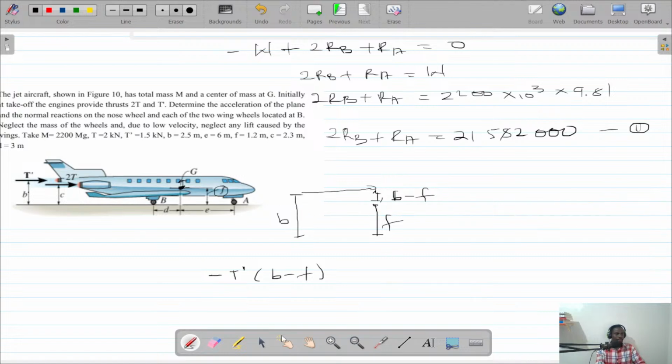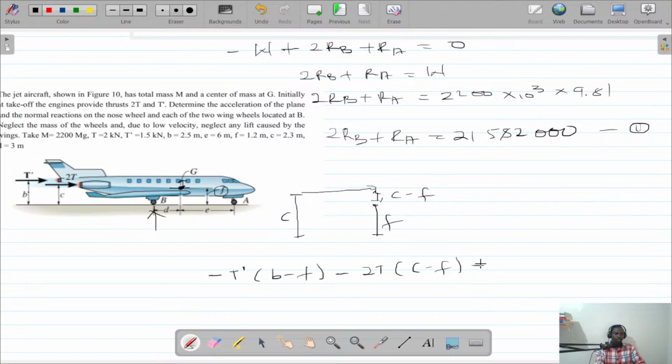So 2T, the distance is C, and then it is longer than the F, so that will give us C minus F. So minus 2T into bracket C minus F, and then the B is also clockwise.